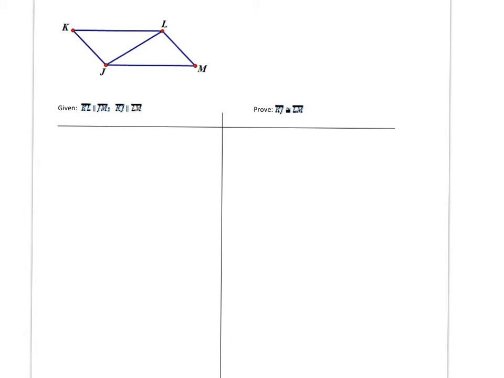All right, let's take a look at this one. This one has a little bit more work involved for us. Here they tell me that KL is parallel to JM, and they tell me that KJ is parallel to LM.